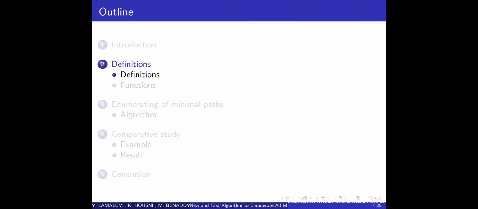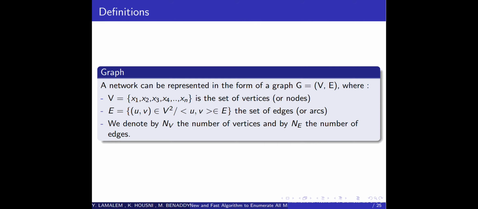Now we have some definitions and some functions. A graph: a network can be represented in the form of a graph G, where V is the set of vertices or nodes, and E is the set of edges or arcs.